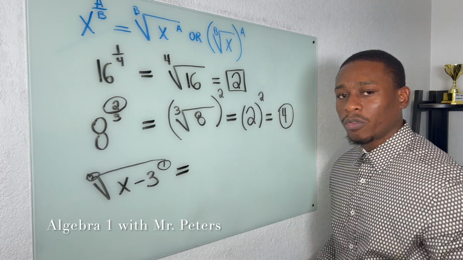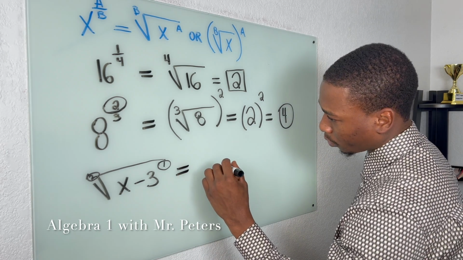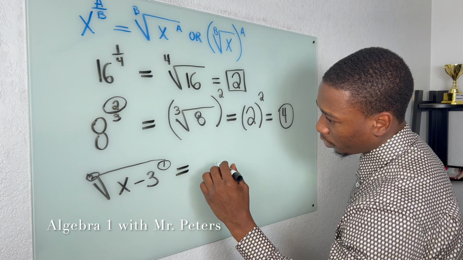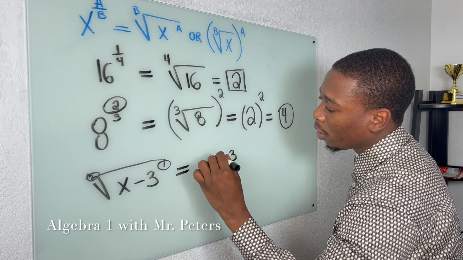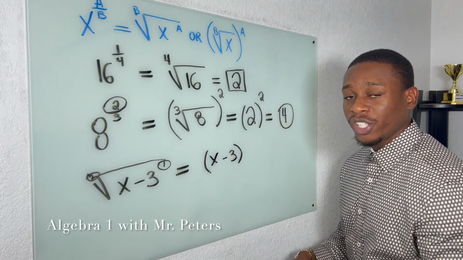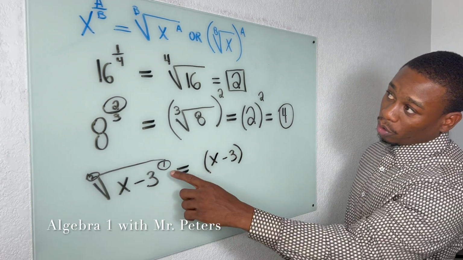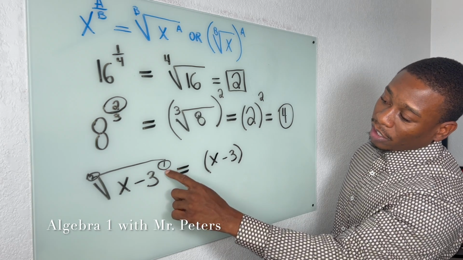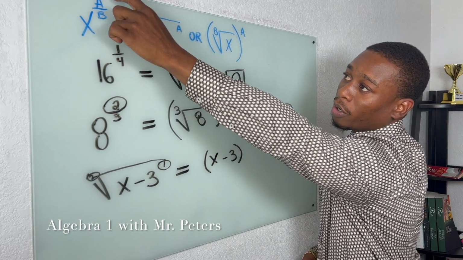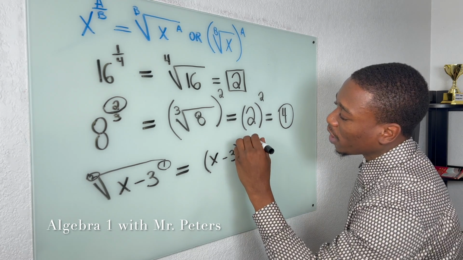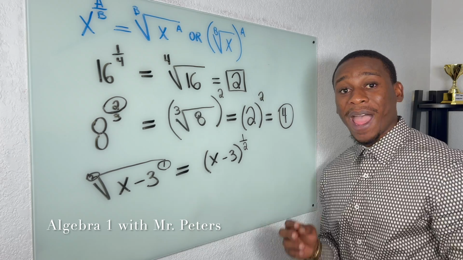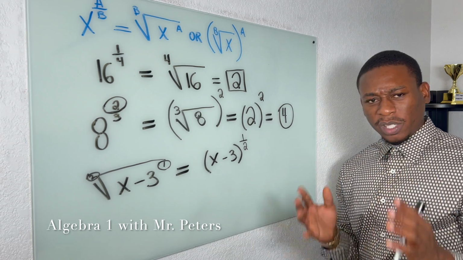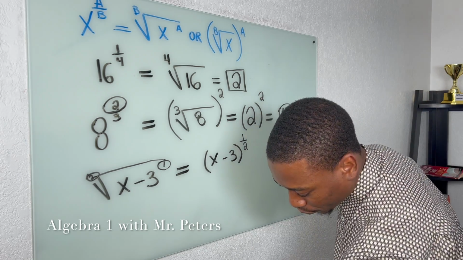So now when we go over to here, I'm going to put this in parentheses, x minus 3. And now our rational exponent, right? Let's make sure. Remember, the power is on top of the fraction. So this is going to be x minus 3 to the 1/2 power. All right? So just please make sure you guys remember that.